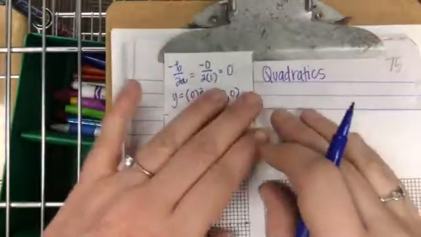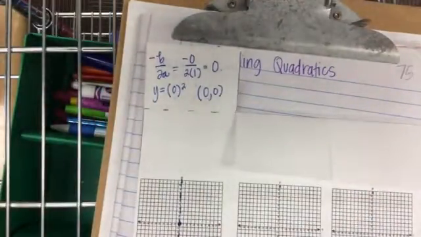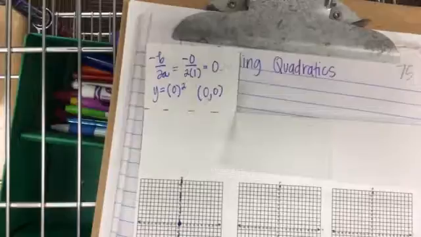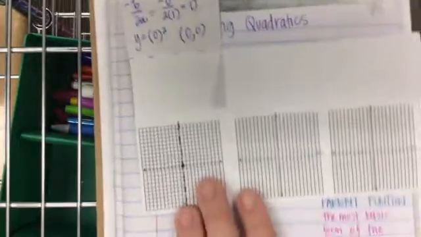What value should we pick? Who can raise your hand? Who can give me a value to pick to substitute? If my axis of symmetry is at 0, my vertex is 0, 0, what value should I pick to substitute to find my first ordered pair? Dean? 1. Why did you choose 1? Because it's one space away. It's right next to the axis of symmetry. Dean chooses 1.